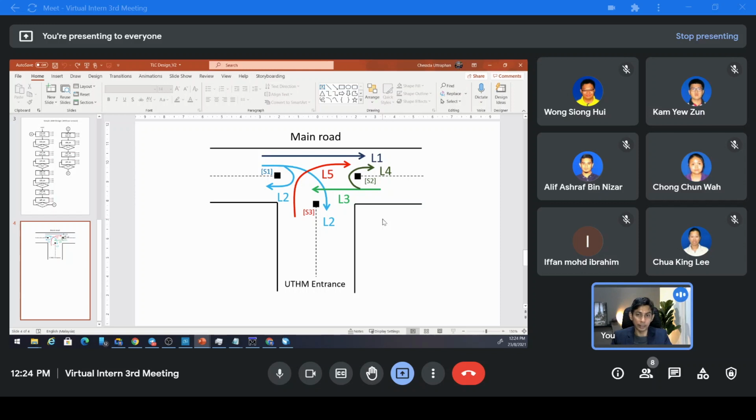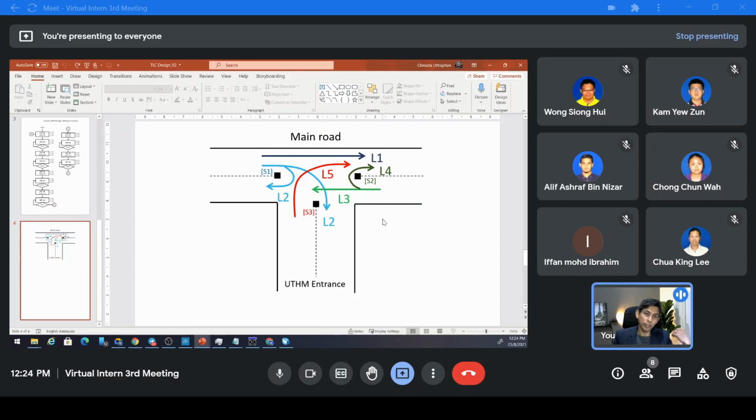So it is used as a sensor. That is the most common sensor that we have on the road. Another sensor uses the camera, the infrared camera, to detect whether there is an object in front of the camera or not.